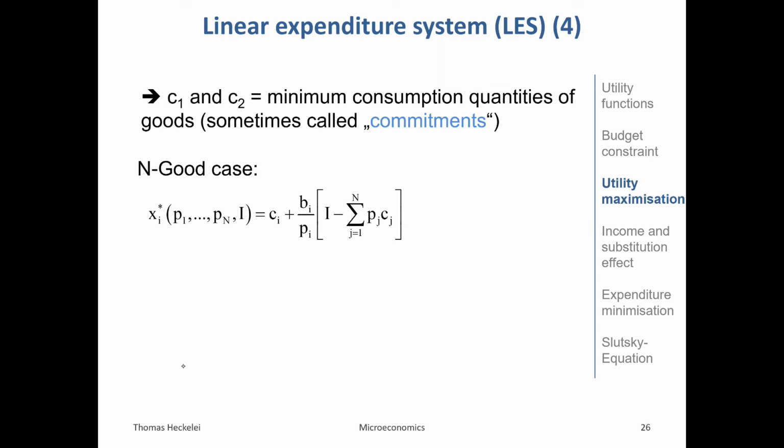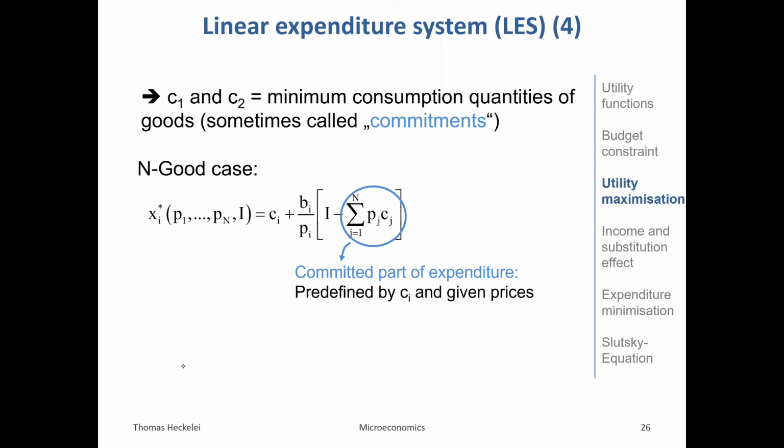Now, the first part is the Ci, the committed quantity. And then the second part is the non-committed. So you're free to decide how much more you spend on each good according to your preference to maximize your utility. So that's the second part.